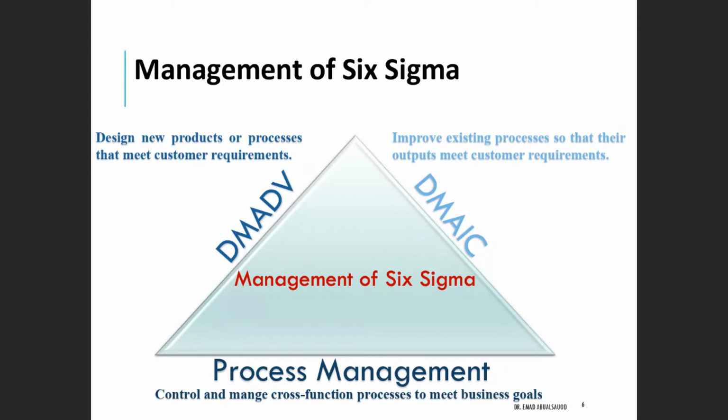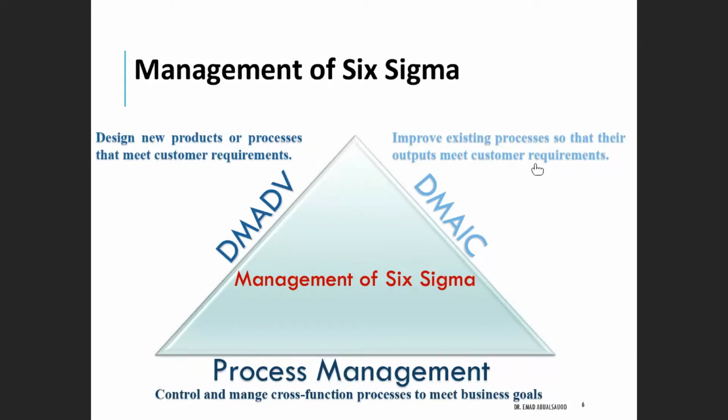And what is the way the companies or the organizations manage the Six Sigma implementation? The triangle here explains it very easily. If you are improving an existing process, an existing problem, you are going to improve it so their outputs meet customer requirements. The existing process, the issue now is to improve their output in meeting the customer requirements.